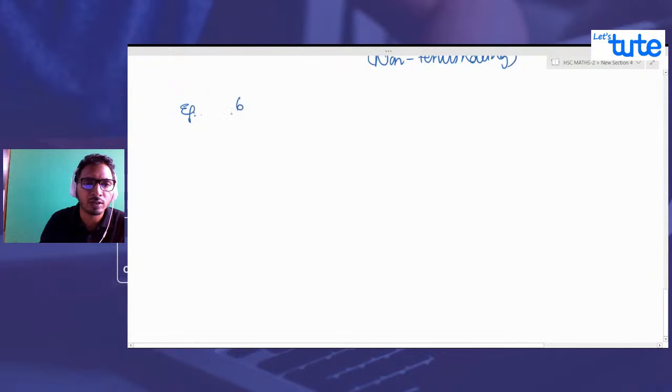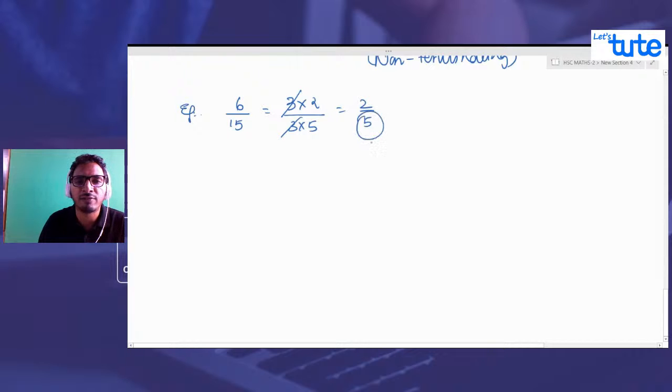We have 6 upon 15. So that can be written as 3 multiplied by 2 upon 3 multiplied by 5. Okay, so 3 and 3 got cancelled. We have 2 upon 5. You can see that we have 5 as the prime factor in the denominator, so we can say that this number 2 by 5 is terminating.